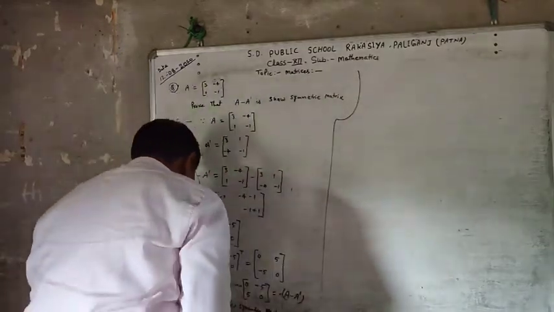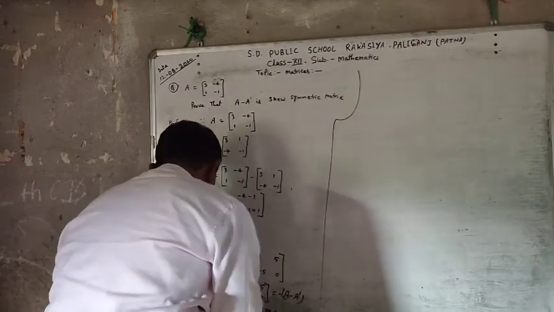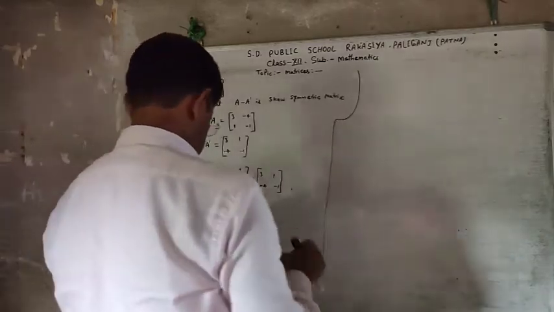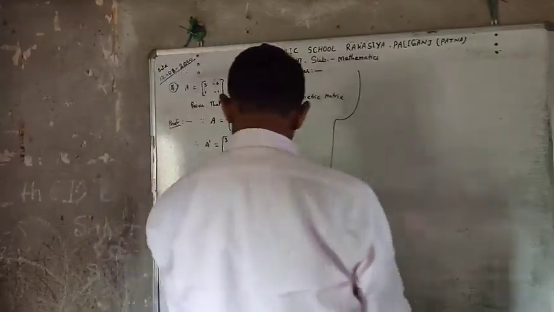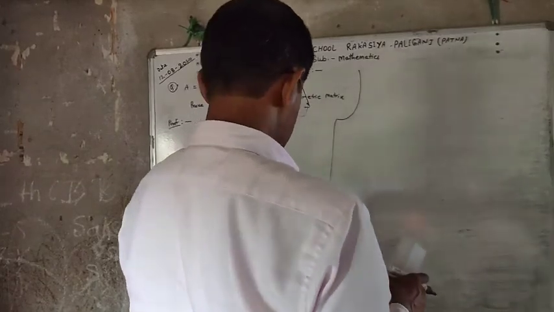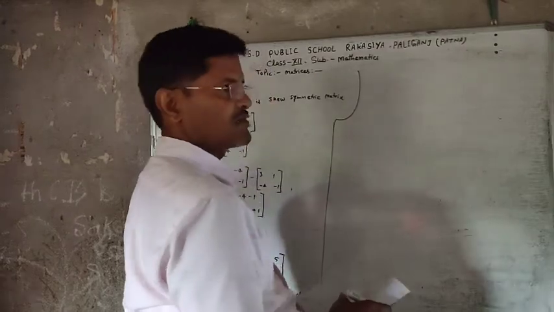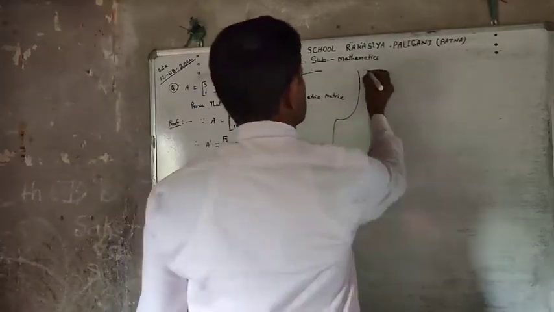Now we can prove another result. Suppose a matrix is given and we have to prove that the matrix can be represented as a sum of a symmetric and a skew symmetric matrix.